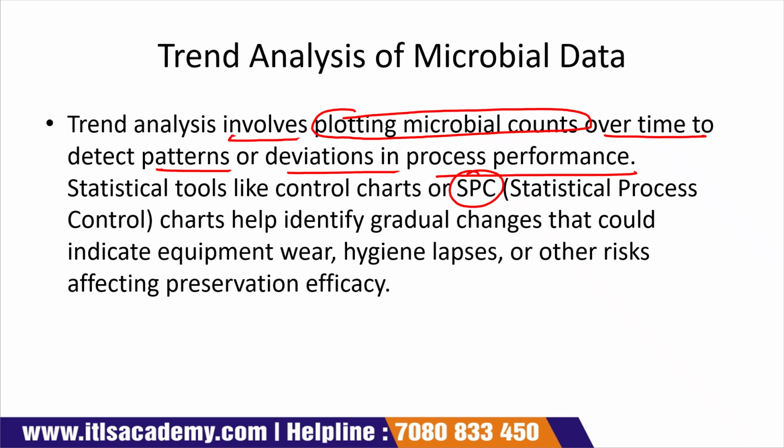These charts can help you identify gradual changes which occur due to equipment wear, hygiene lapses, or other risks which are very effective on preservation efficiency. So this is about the trend analysis of microbial data.